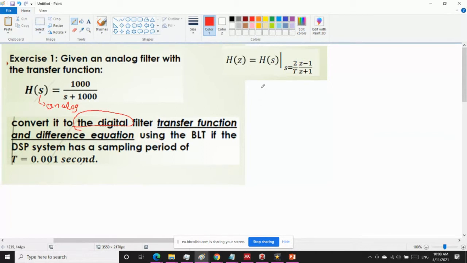So H(z) equals 1000 over S, and now we replace S with 2 over T times (Z minus 1) over (Z plus 1), plus 1000. And T he gave us.